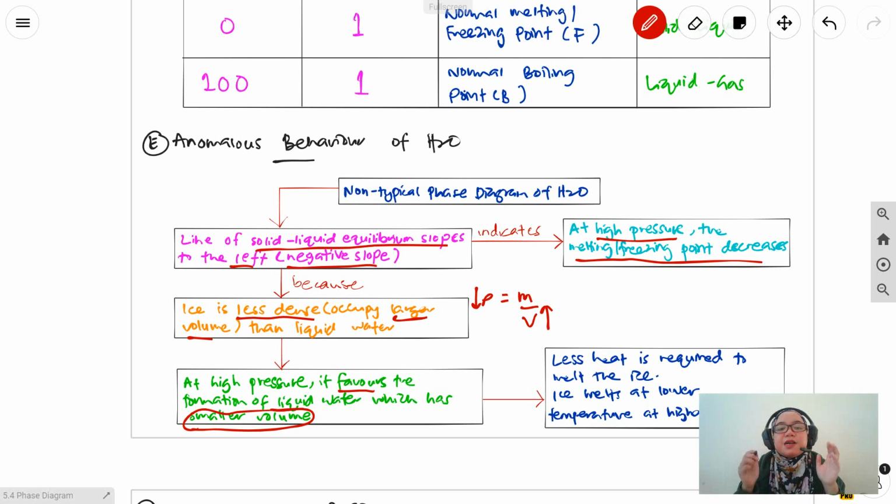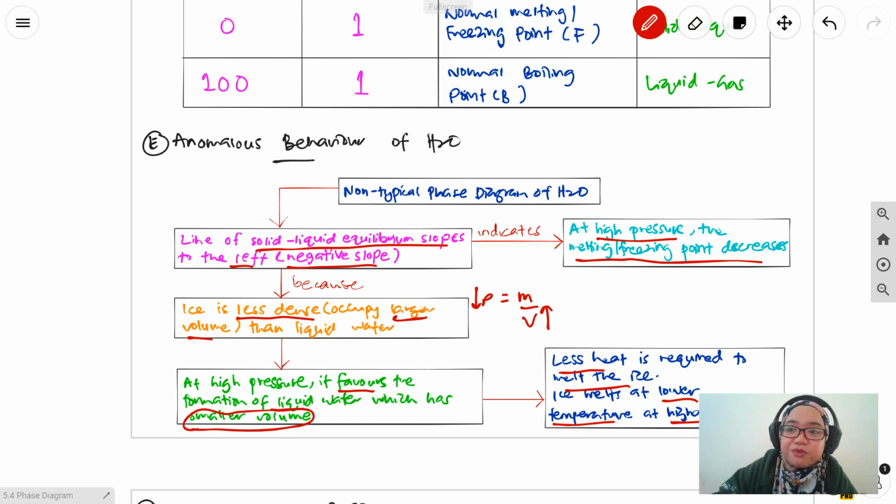Disebabkan liquid ni ada smaller volume, dia lagi denser daripada ice. At high pressure, substance lagi tend to form liquid rather than ice. So less heat is required to melt the ice. So ice melts at lower temperature and at higher pressure.